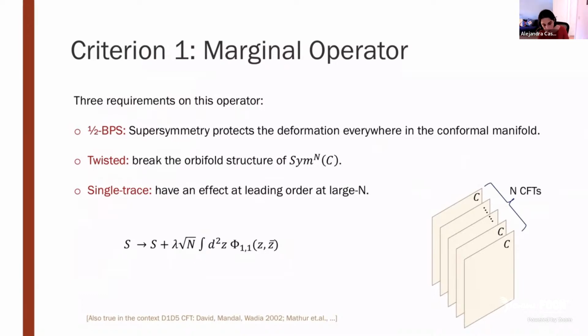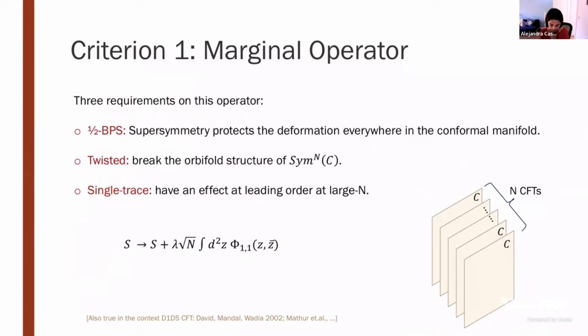And then in terms of its normalization, you want this to have a component that is single trace. And this is so that when you take the large N limit, you could have also multi-trace twisted deformations. They exist.